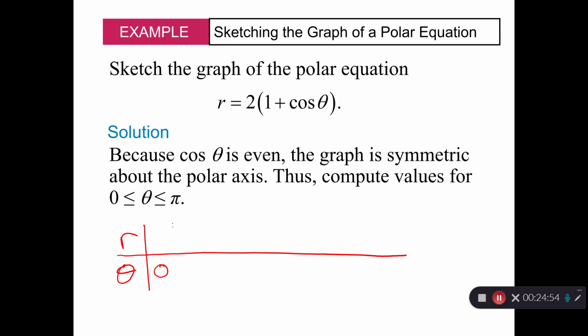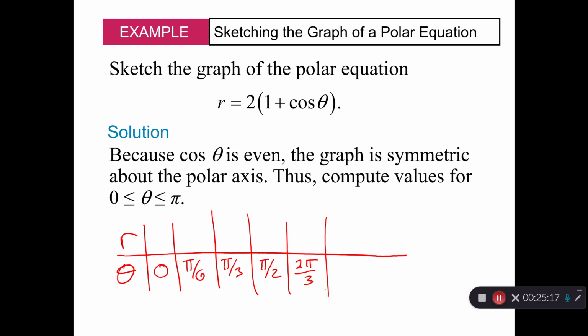So I give you 0, pi over 6, pi over 3, pi over 2, 2 pi over 3, 5 pi over 6, and pi.